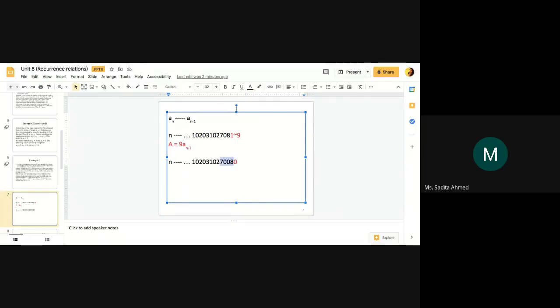The count of the decimal digit strings of length n-1 which are invalid, because in a_{n-1} all of them are valid. In a_{n-1}, only the valid ones have been counted as per the rules in the question. Now we need the count of those which are invalid.